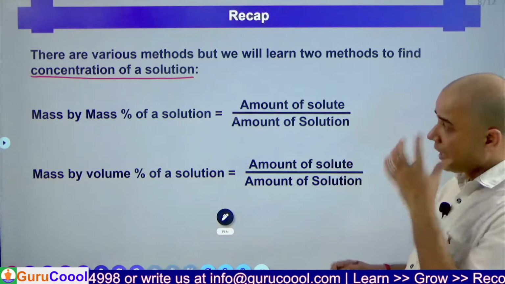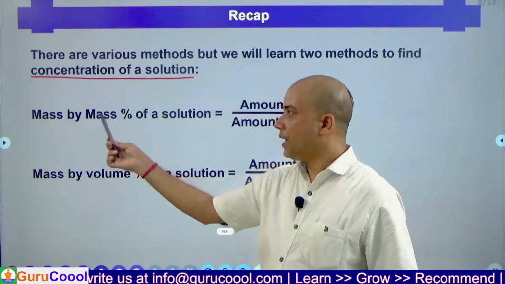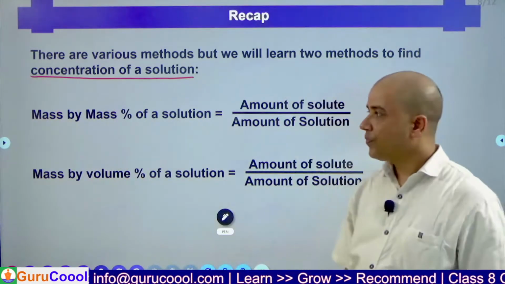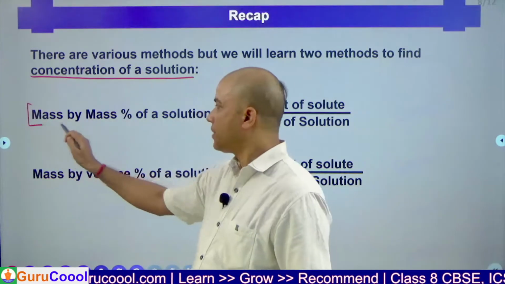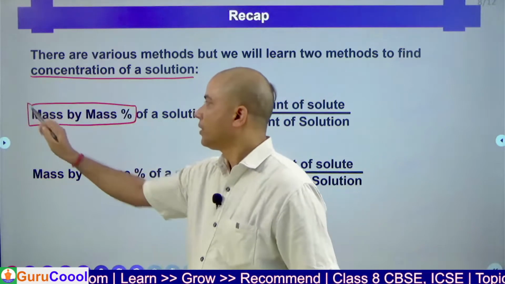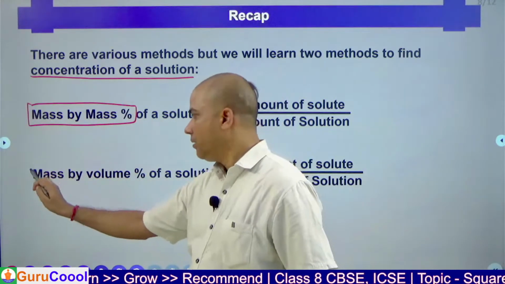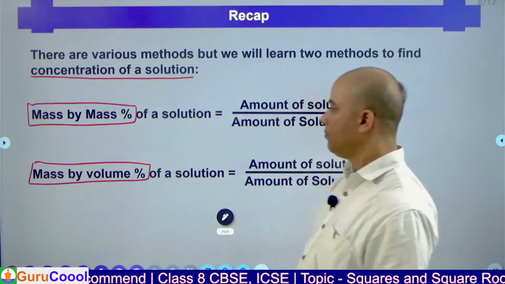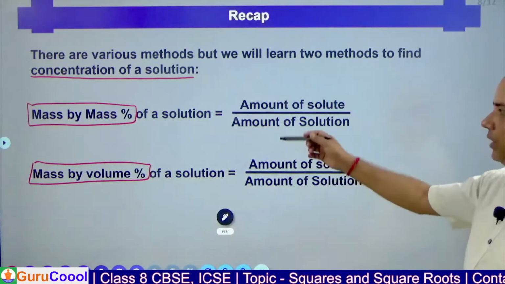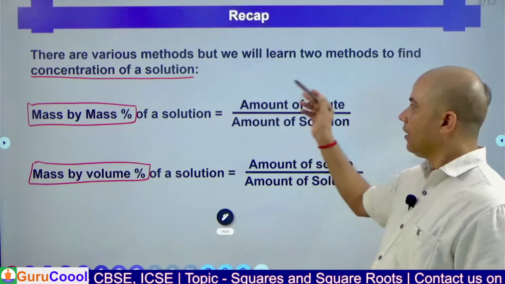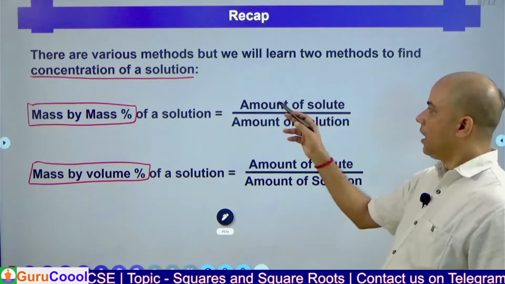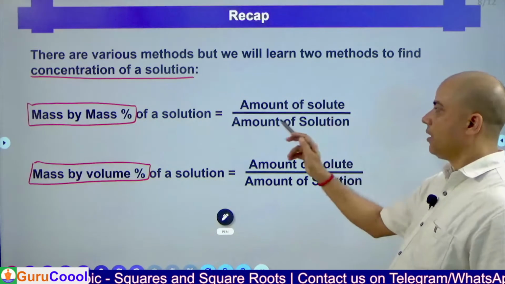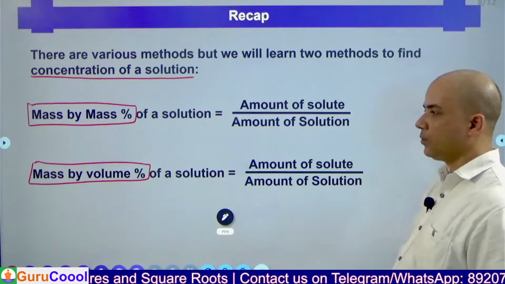First type is mass by mass percent. The second one is mass by volume percent. When it is mass by mass percent, then the amount of solute divided by the amount of solution is taken.